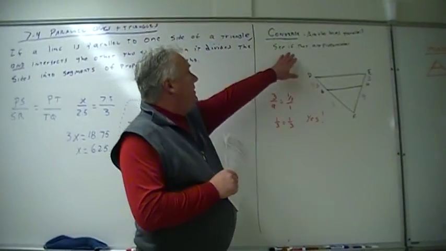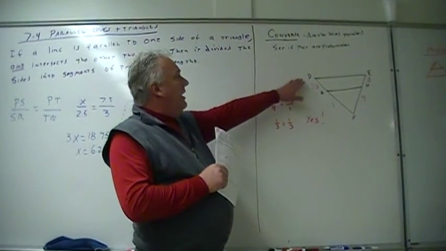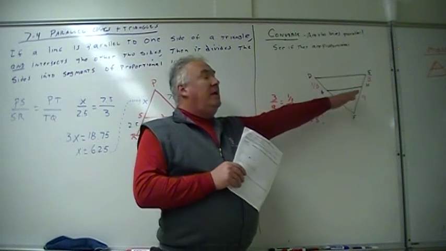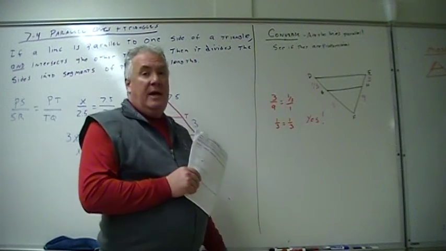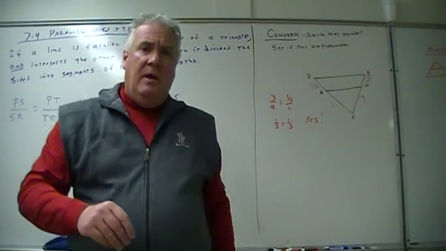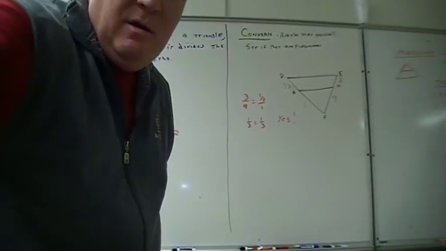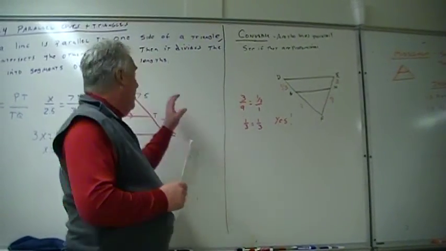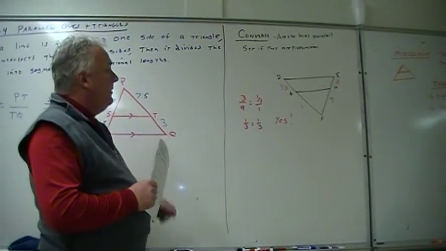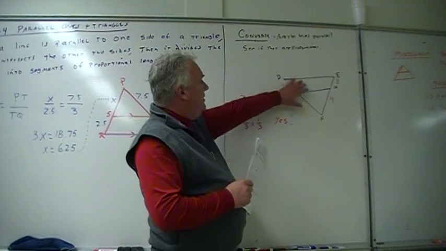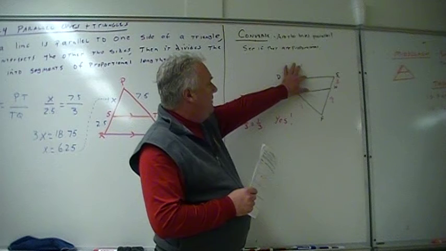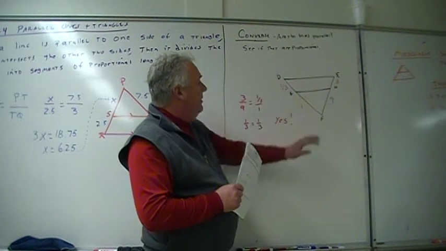The converse asks, are the lines parallel? Well, we have to see if these relationships are proportional. And if they're proportional, then the lines are parallel. It's the converse of what we just did. So, if we have this triangle and we have a segment, we're trying to find if these two lines are parallel.